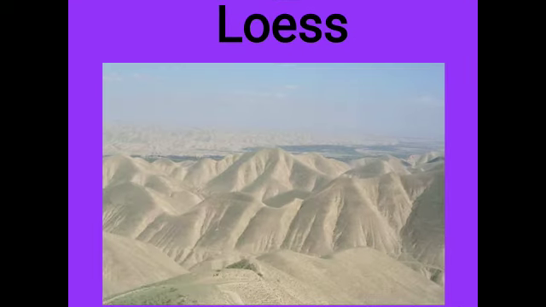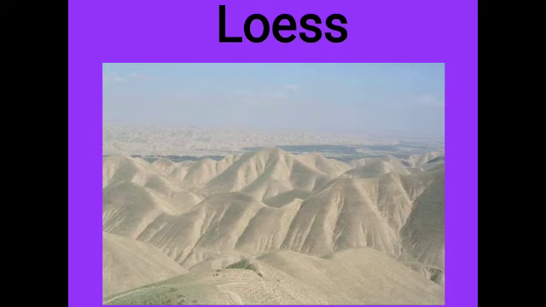Loess. The depositional work of wind starts when its speed declines. That means the speed reduces or some obstructions, okay, some barriers like trees, bushes, forests, buildings, etc. come in its way. The fine dust particles deposited extensively is known as loess.